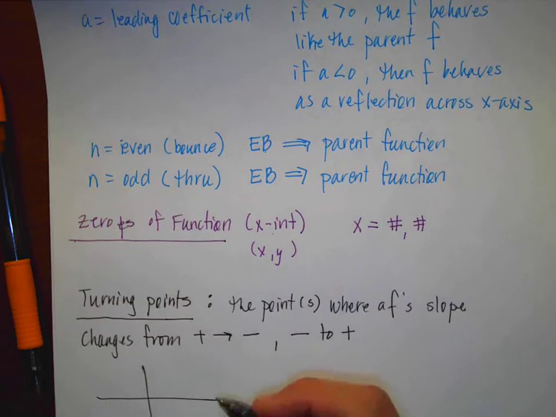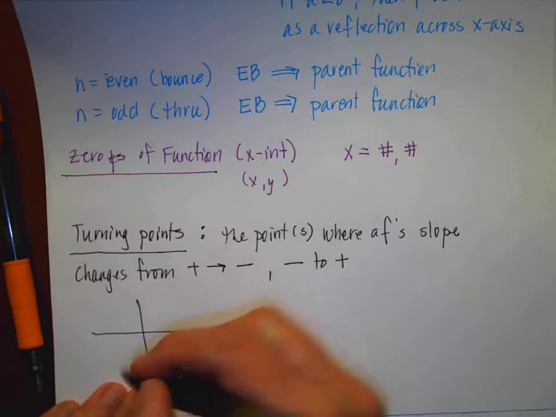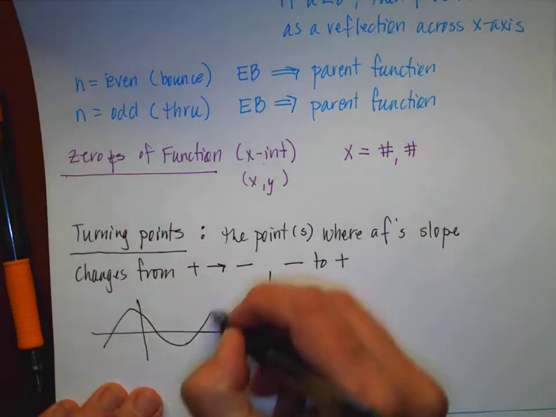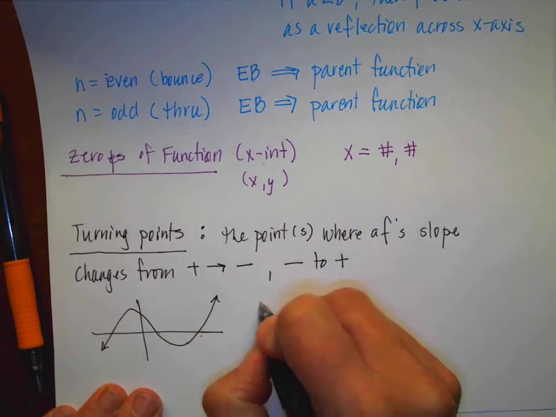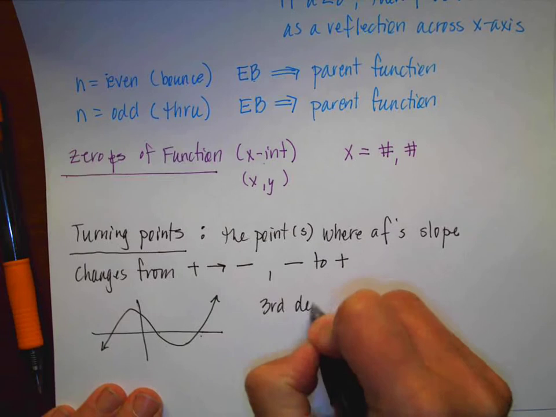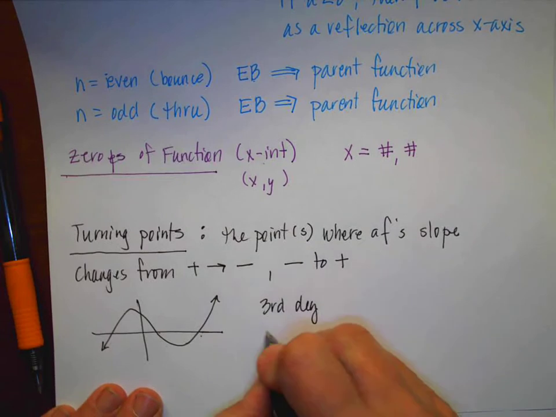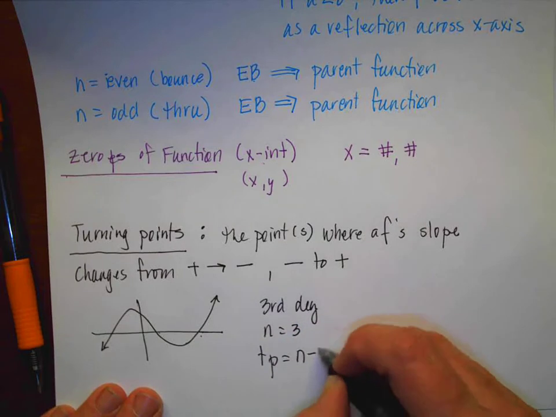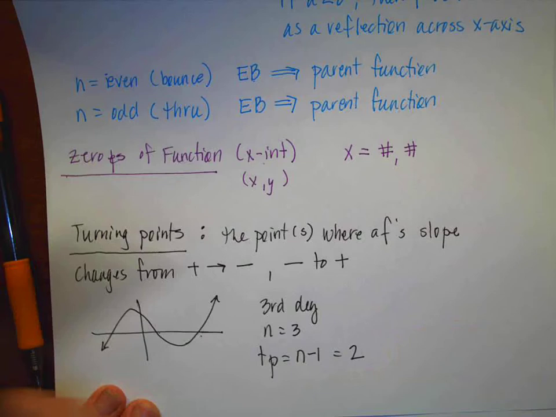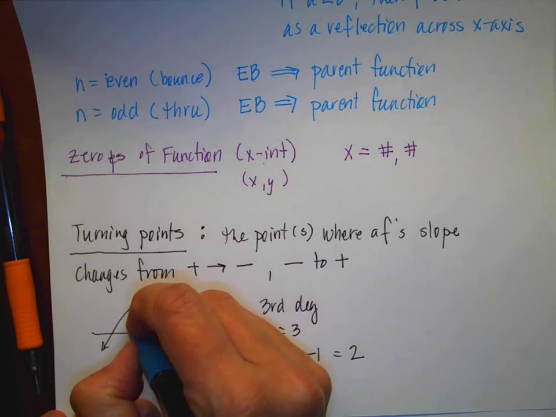Okay, so for example, let's say I have a curve that does something like this. So in theory, this would be a third degree polynomial. That means that the n is 3. So then the number of turning points is n minus 1, which is going to be 2.